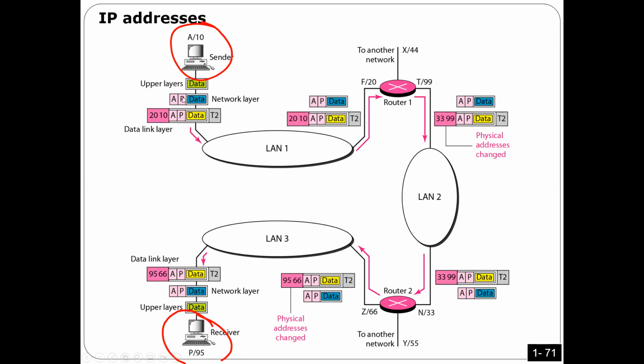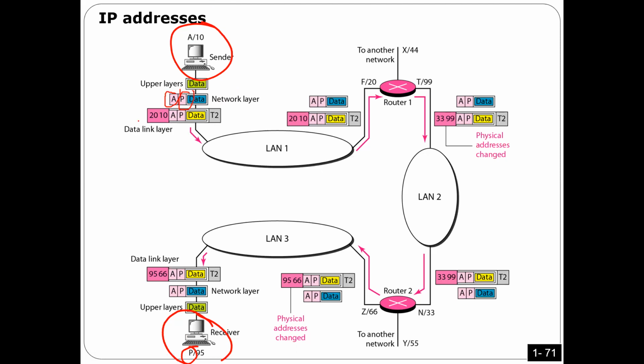Computer A wants to communicate to computer P. This is P here, and this is A. So the network layer says: here I am, computer A, and I want to send this packet to computer P. That's it, and then I send it to the next layer to take care of it. How it's going to be delivered from A to P is not my business. I'm at layer number 3, I just want to send this packet from A to P, and then I send it to the next layer.